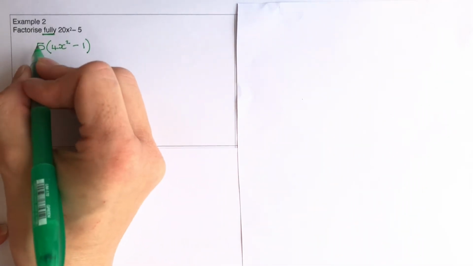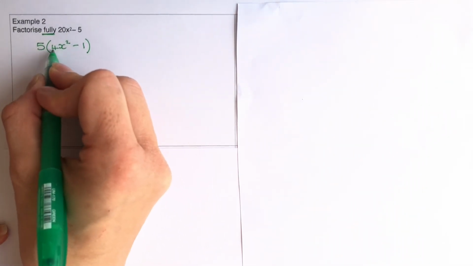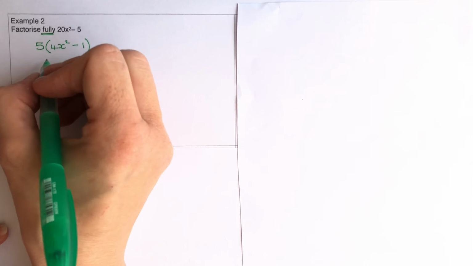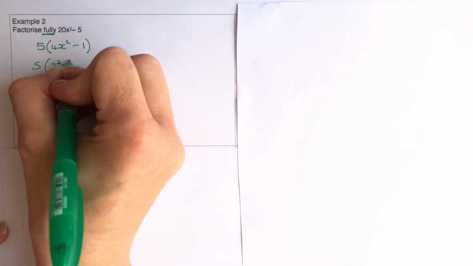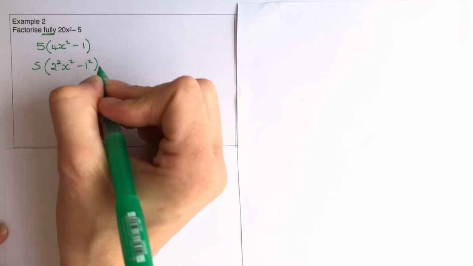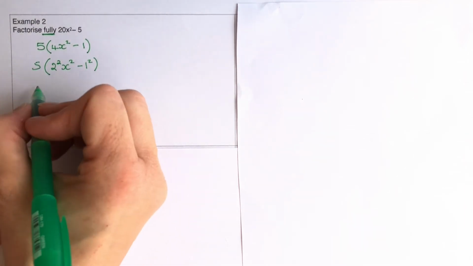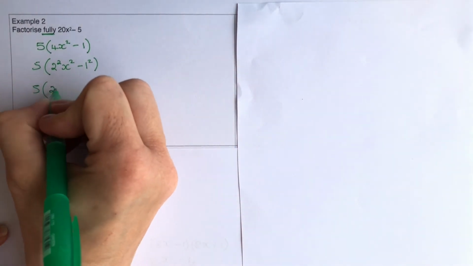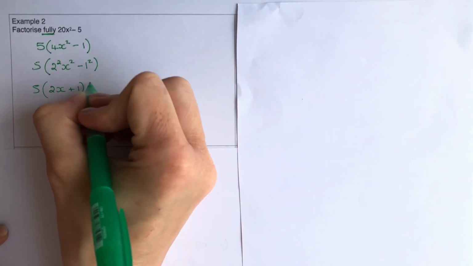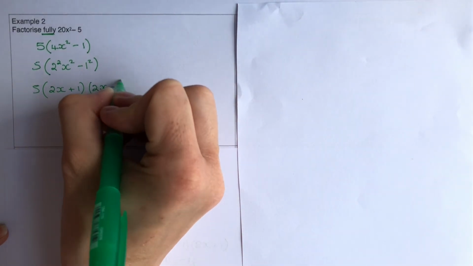Okay, so we've got this 5 outside, but now this can be written as square numbers. So let's do that. We leave the 5 outside. This could be written as 2 squared x squared minus 1 squared. Okay, and you just keep writing 5 outside, but you just do what you would normally do. So this is now 2x plus 1, 2x minus 1.